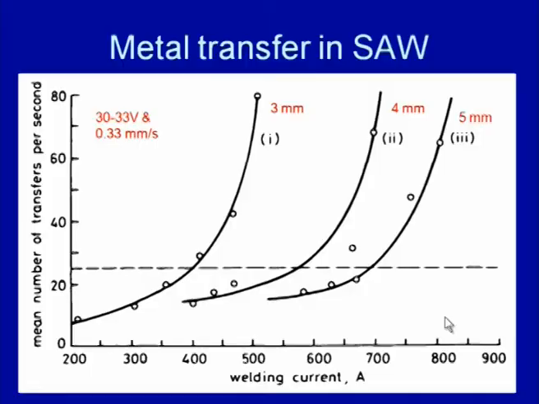Now, we will see the transfer of the molten metal from the electrode tip to the weld pool in submerged arc welding.